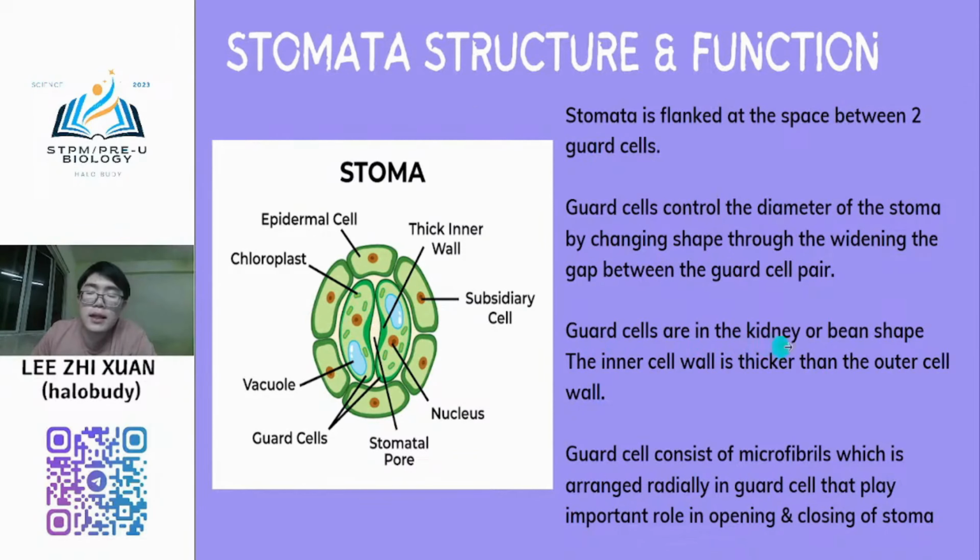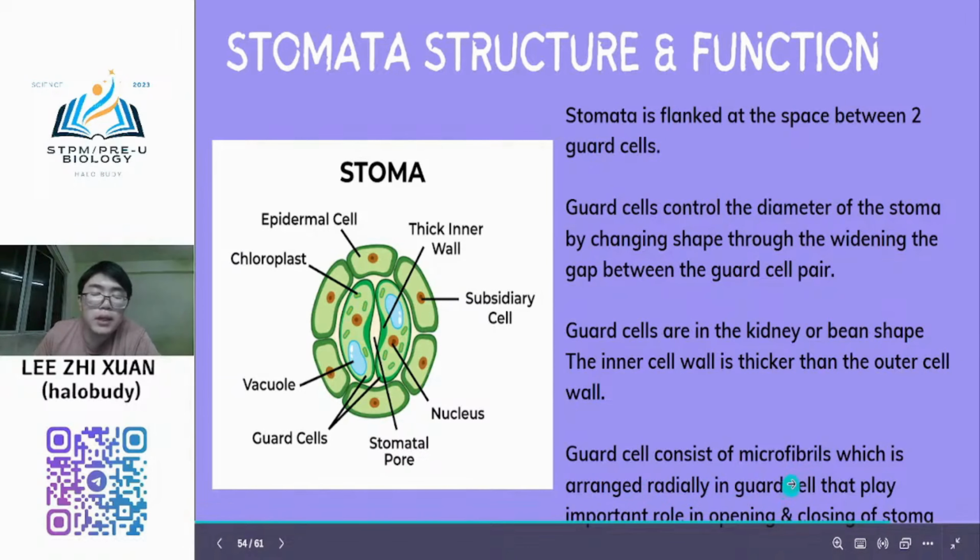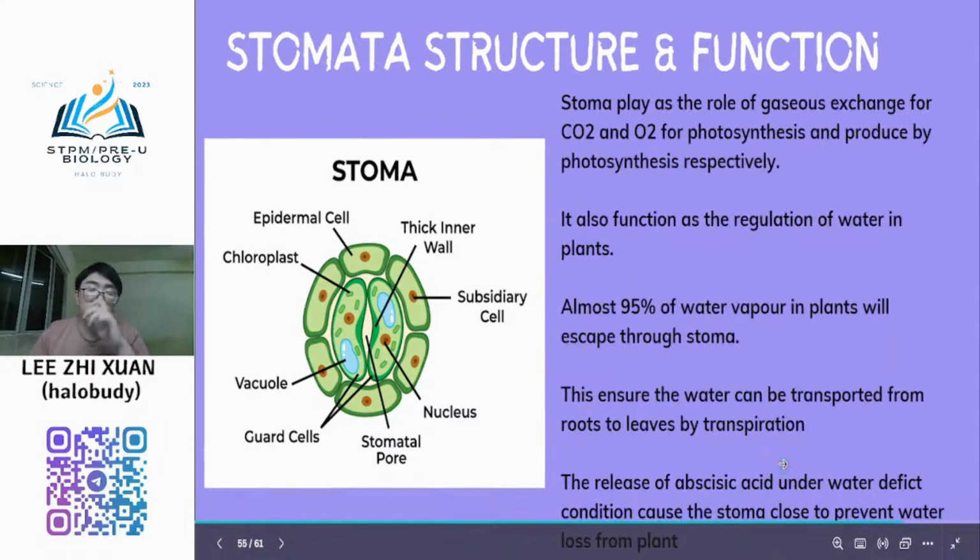Later we will see in the mechanism, and you will know why the inner cell wall must be thicker than the outer cell wall. The guard cell also contains microfibrils arranged radially that play an important role in opening and closing of the stoma. This is the structure of the stomata.